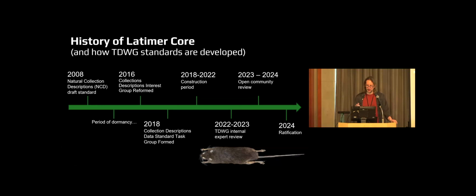But it wasn't until, I'd say, 2018 that the current work started, and then it took a good 4 years to get that data standard into shape. Then a review process, which Ben, who for those of us who have joined, is with us virtually but able to talk. And then we had an open community review last year, and Latimer Core was ratified earlier this year.